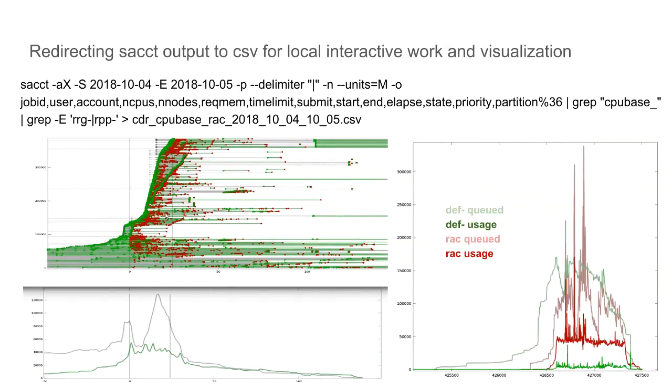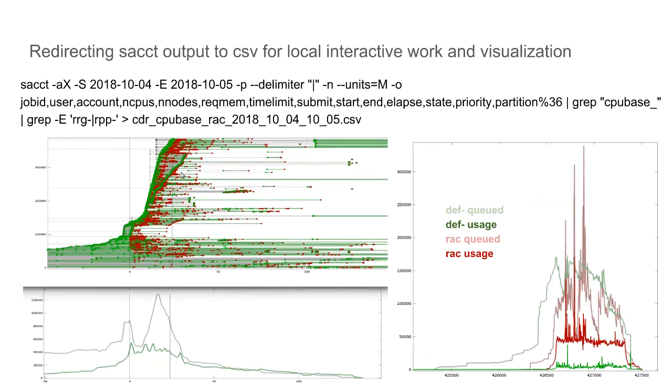And I'm going through each one of those jobs, and rather than trying to look at the state of those jobs in a table, I'm plotting each job as a sequence of gray and green lines.